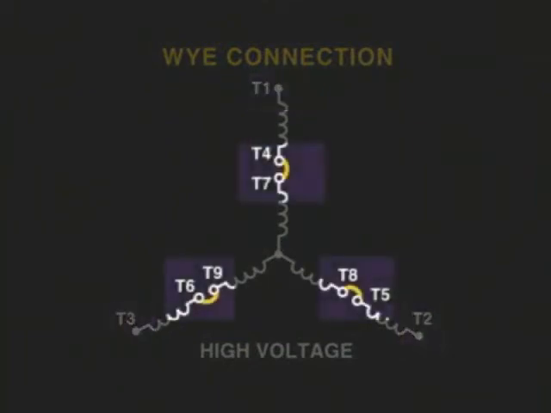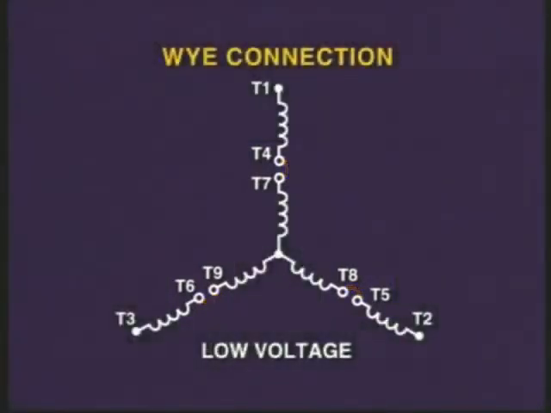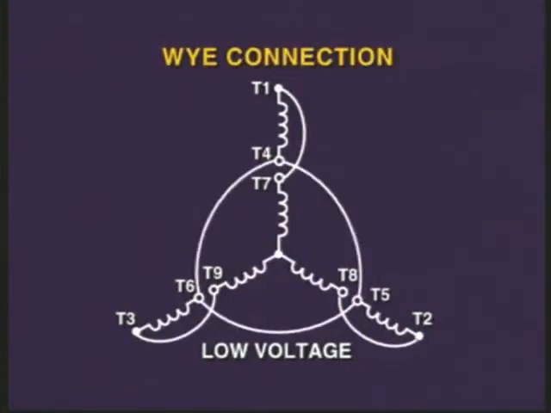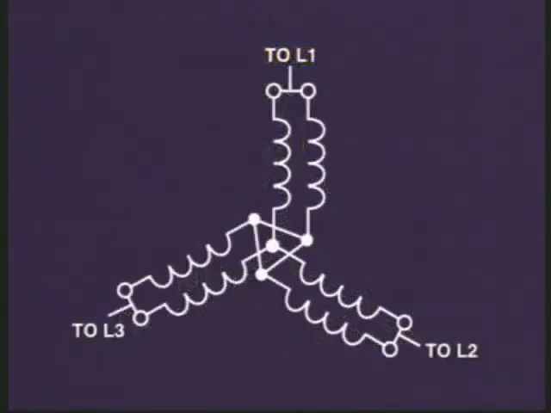The other connections are wired like this for a high voltage configuration. For a low voltage configuration, we would connect T1, T2, and T3 to the starter and also tie them together with terminals 7, 8, and 9 respectively. Terminals 4, 5, and 6 will be tied together, essentially making a smaller Y.